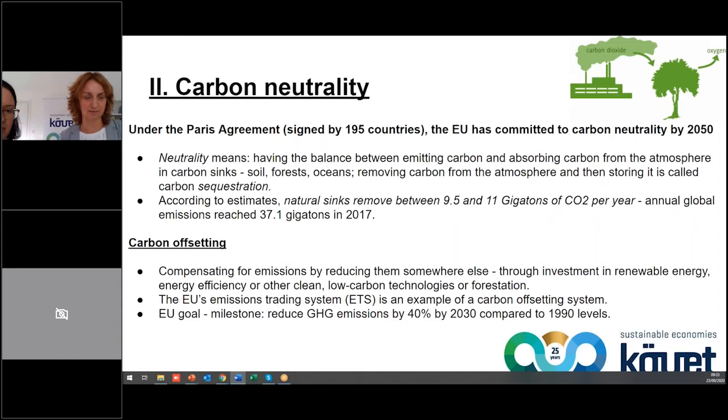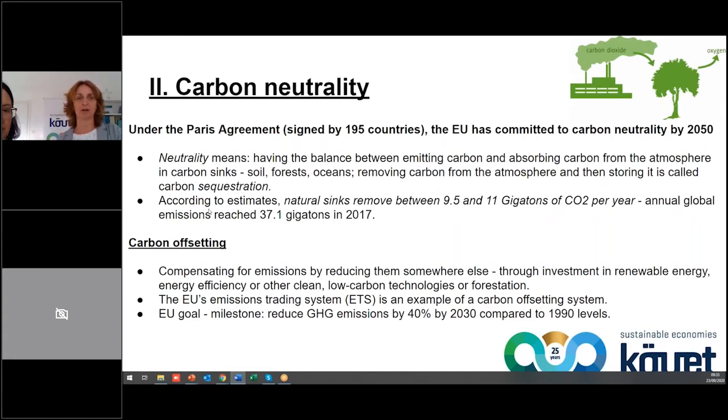Maybe this year it will stop a little bit, but it means that it will be bigger and bigger, and the natural sinks don't have that much capacity. So carbon offsetting is compensating for emissions by reducing them somewhere else.